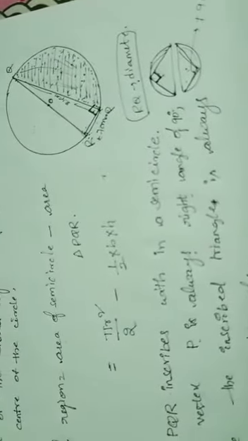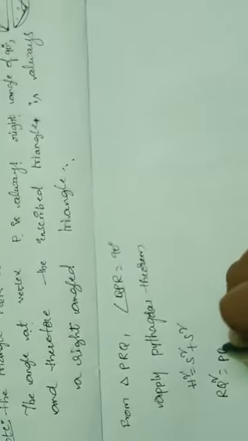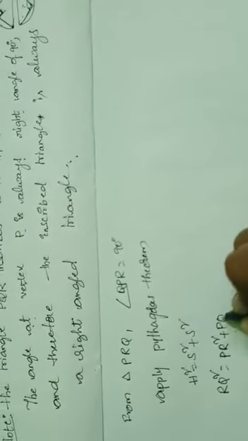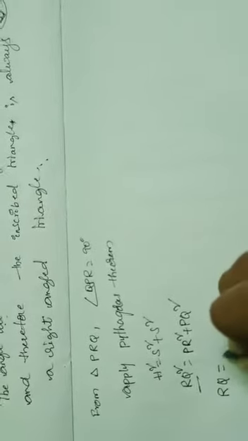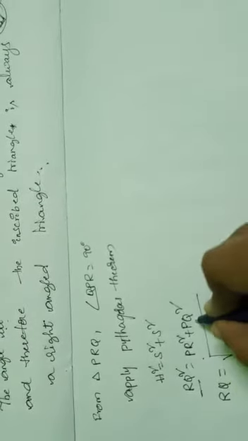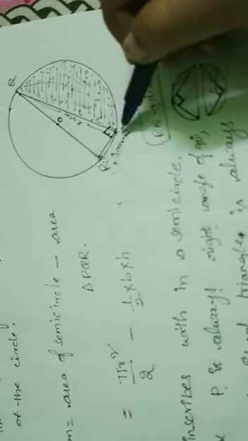Here the right angle is at P, so the hypotenuse is RQ. RQ square equals PR square plus PQ square. We don't know the RQ value, so RQ equals root over PR square plus PQ square. Here PR equals 7 centimeters and PQ equals 24 centimeters.